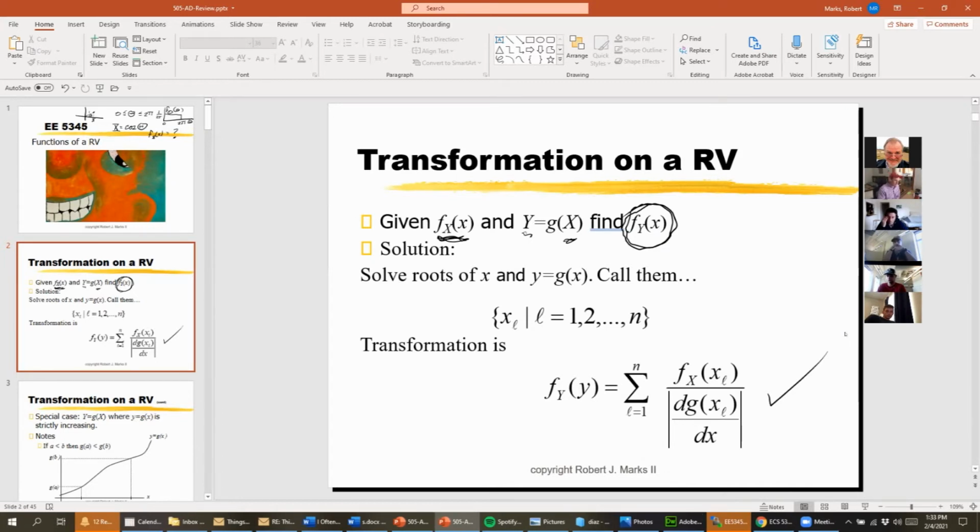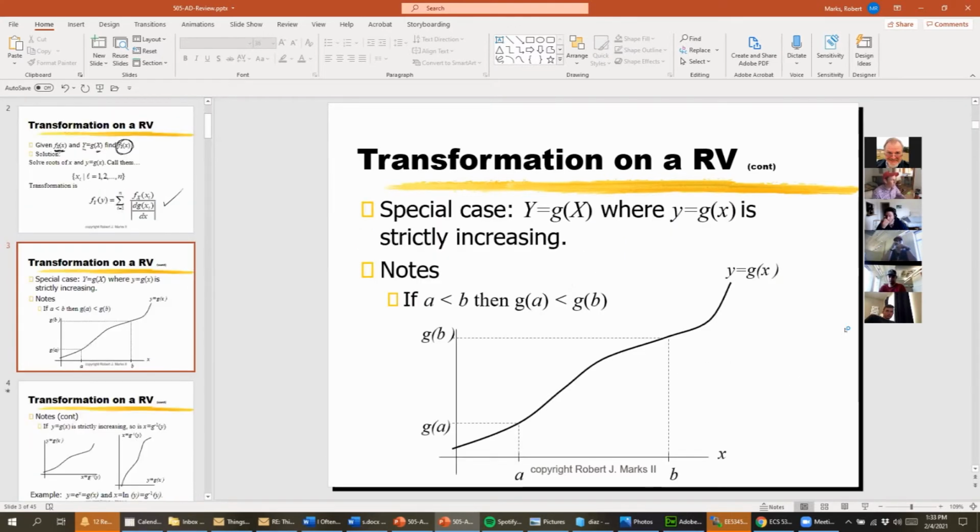That's okay. We'll unpack it and we'll get back to it pretty soon though. Okay? Let's run before we can walk. Here is a special case where Y equal to g of X is strictly increasing. So therefore, you have Y, a transformation on a random variable, and this transformation is strictly increasing.